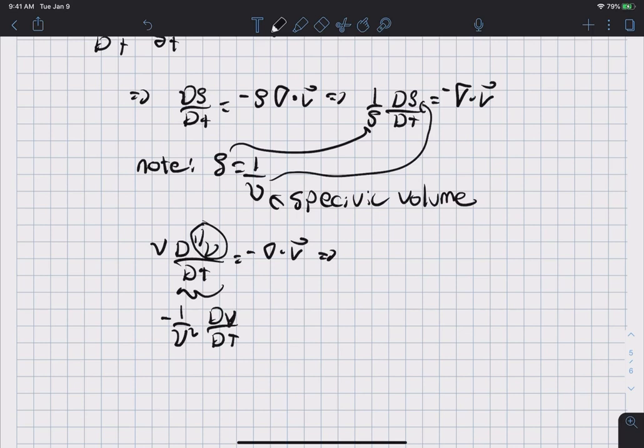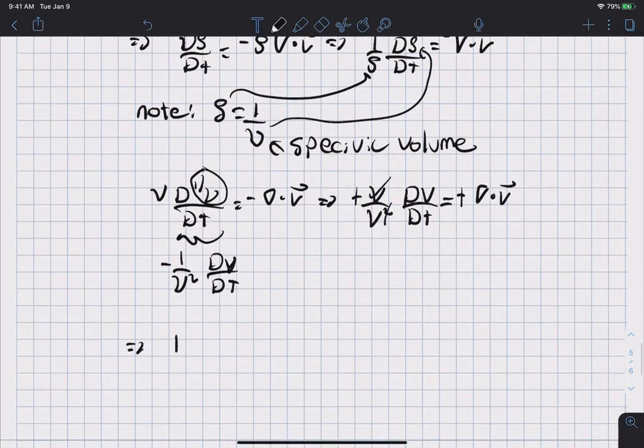And if you substitute this in, this equals minus v over v squared dv dt equals minus the divergence of the velocity. Well, we can basically cancel out the negatives and cancel out one of these v's. And so this means that 1 over v dv dt equals the divergence of the velocity vector.